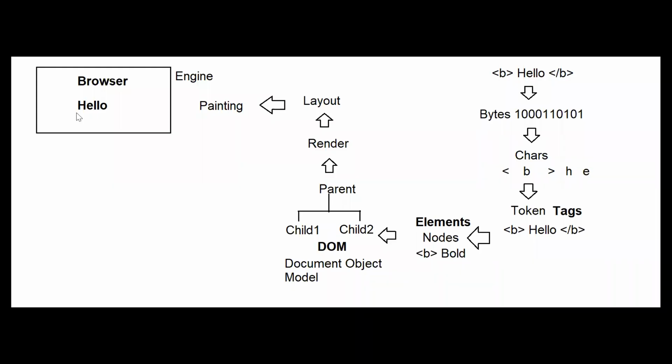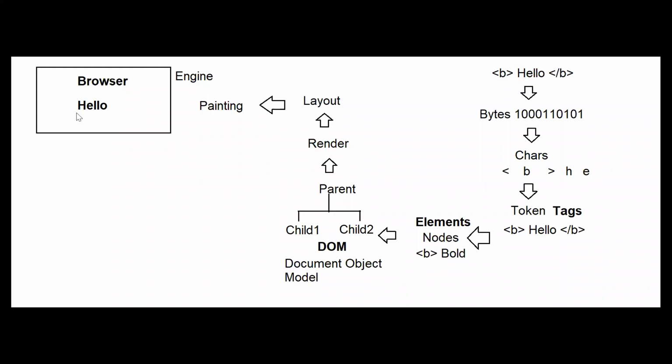Everybody knows what is a tag, an element, and a DOM. Up to HTML level, these points must be very clear. You write markup, the markup is converted into bytes, bytes are converted into characters, and characters are converted into tokens.